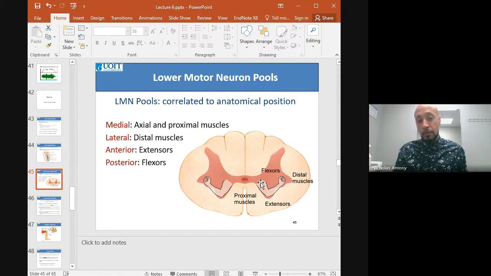Proximal muscles are located more medially in the gray matter, whereas the cell bodies of lower motor neurons going to distal muscles are located more laterally. Flexors are more posterior, and extensors are more anterior. And that's just the way the mapping is in our spinal cord.